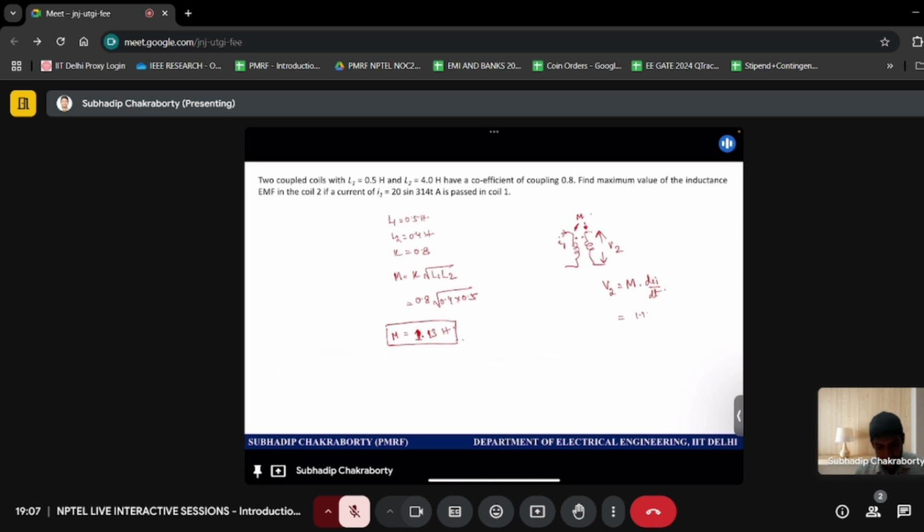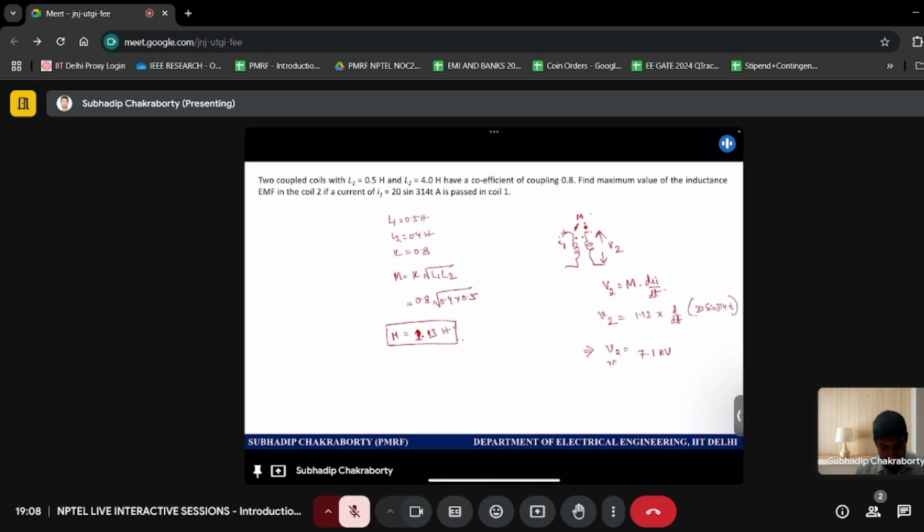Then if you plug in 1.13 d/dt times 20 sine 314 t, this is the current and this is a time varying current, so the amplitude of voltage can be found out from here. So V2 will come out to be 7.1 kV.